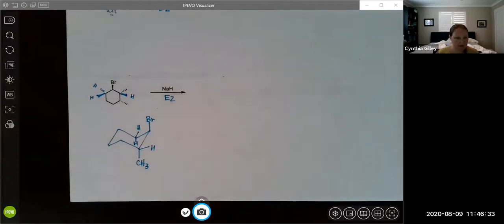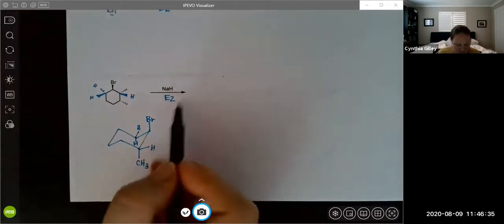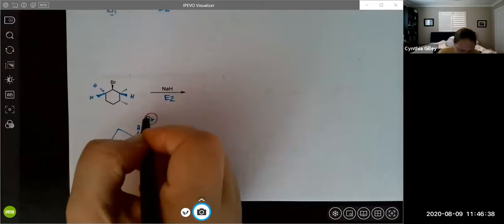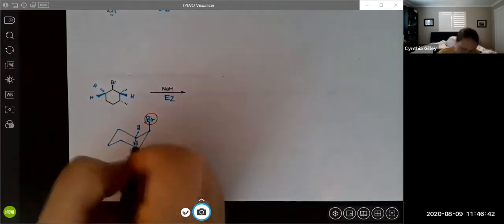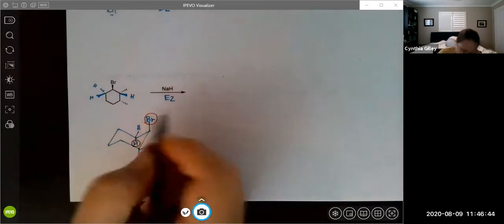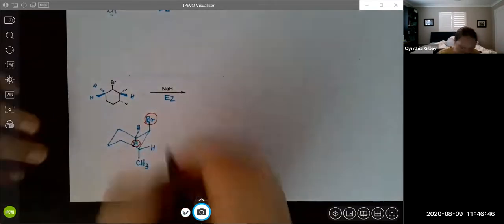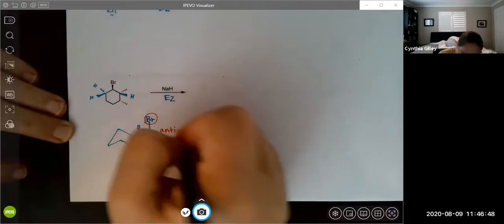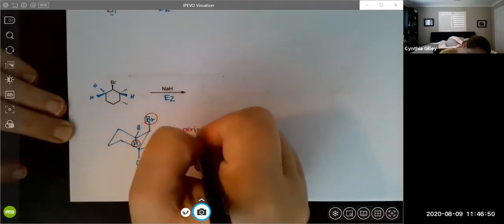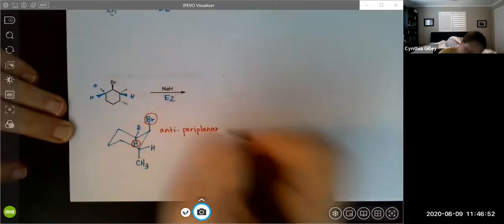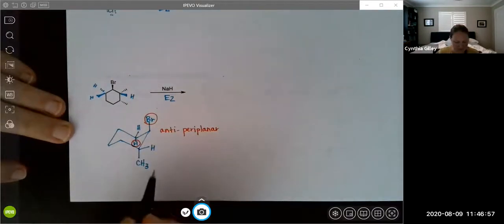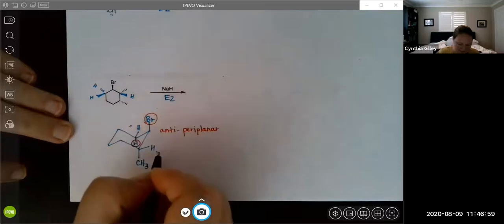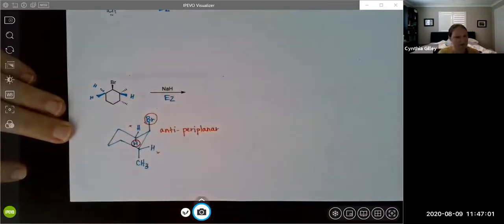Okay. So for an E2 reaction, the leaving group and the hydrogen must be anti-periplanar. Right? So this hydrogen is the only one that's anti-periplanar. Right? This hydrogen is not. That position is blocked by a methyl. So we actually cannot remove those two hydrogens.